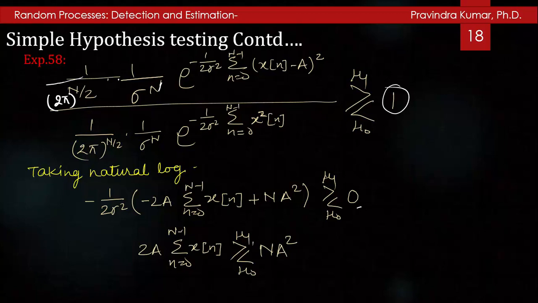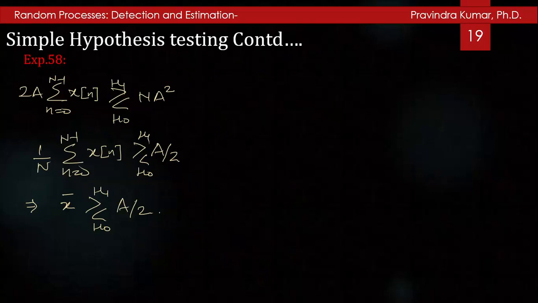So from here you can have 2A summation n equals 0 to N minus 1 of x[n] greater than or less than N A square, or you can write it as 1 by N summation n equals 0 to N minus 1 of x[n] greater than or less than A by 2, or I can write it as, because it is the sample mean, x bar will be greater than or less than A by 2.